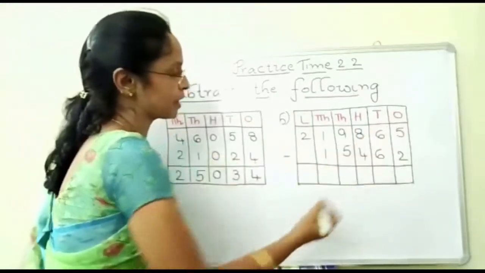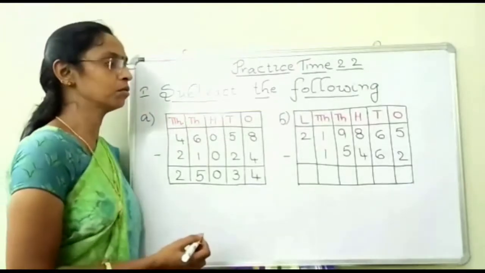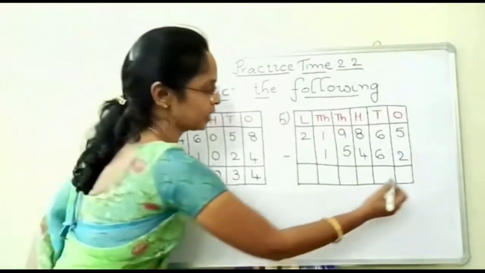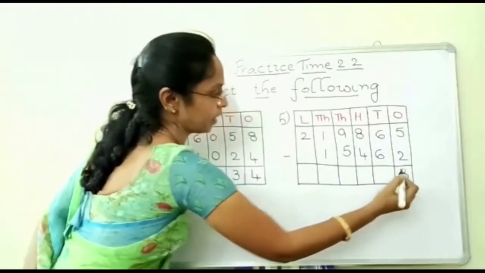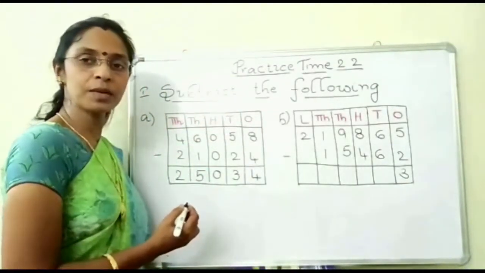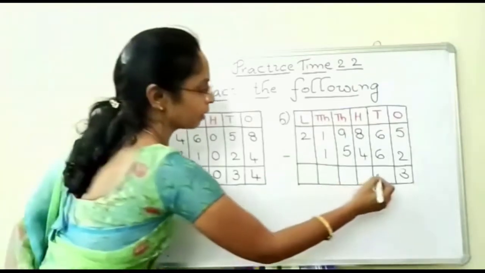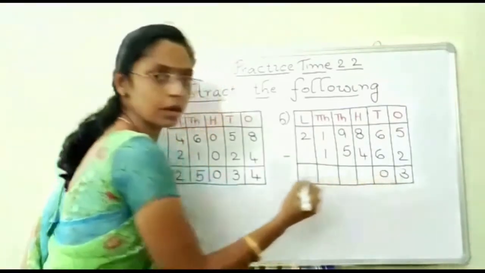Okay, let us do the next one. Start the subtraction from ones place. What are the digits in the ones place? 5 and 2. Yes, 5 minus 2 is 3. In the tens place, you have 6 and 6. When you subtract a number from itself, what do you get? Yes, you get 0.